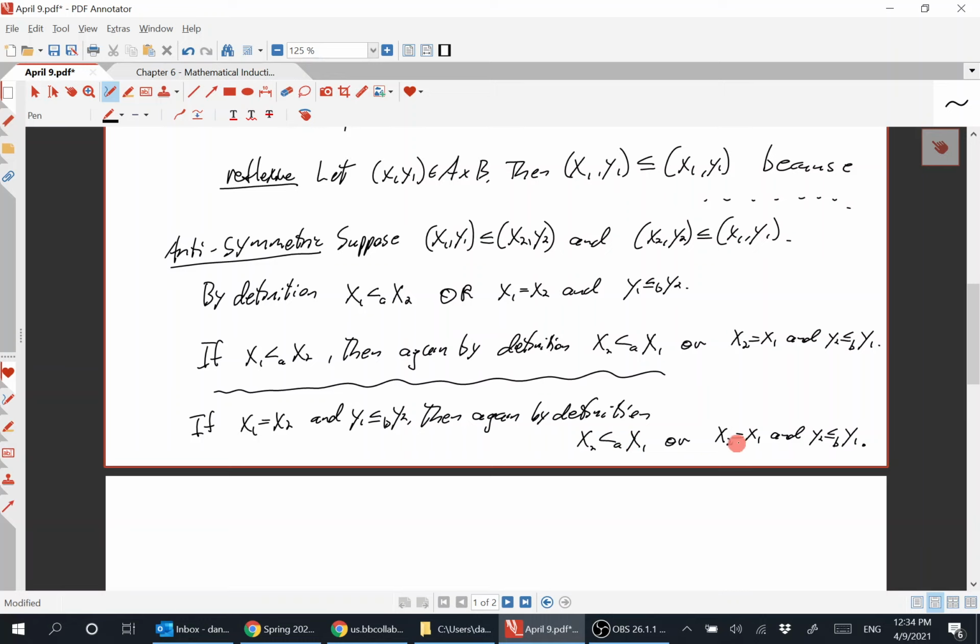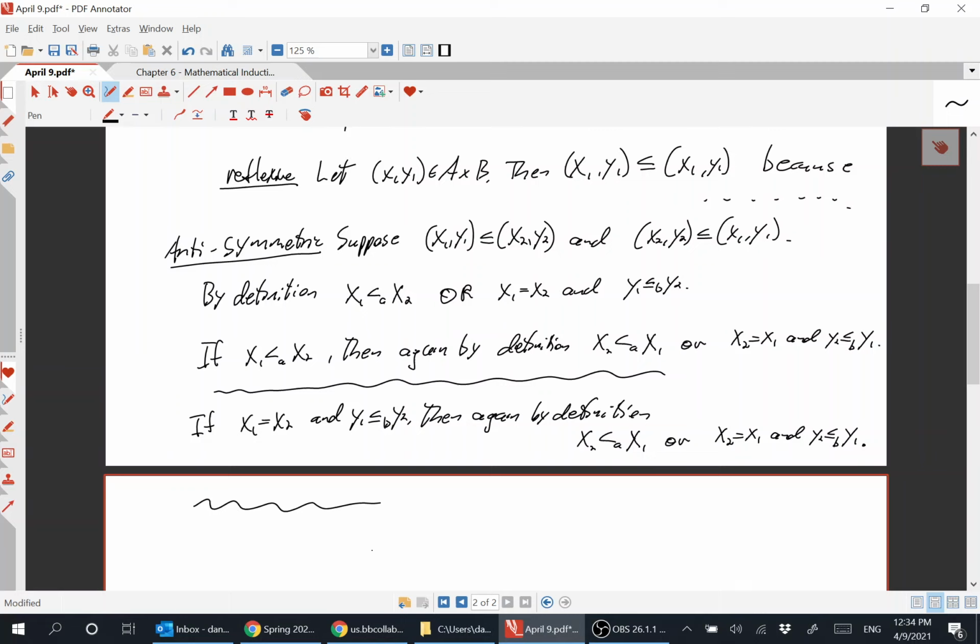Therefore, it's got to be this possibility. And therefore, y2 is less than in B, y1, less than or equal to in B, y1. So you have that x1 is equal to x2, and y1 is less than or equal to y2, and y2 is less than or equal to y1, which implies what? y2 equals y1. Why is that?